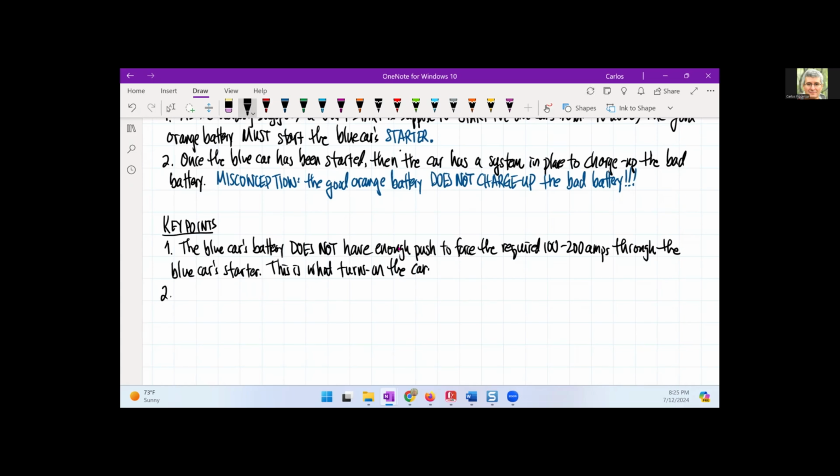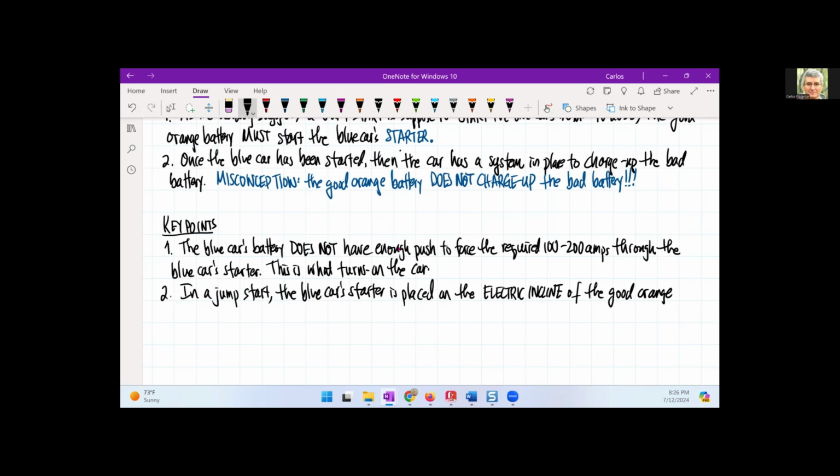Two, in a jump start, the blue car's starter is placed on the electric incline of the good orange battery.